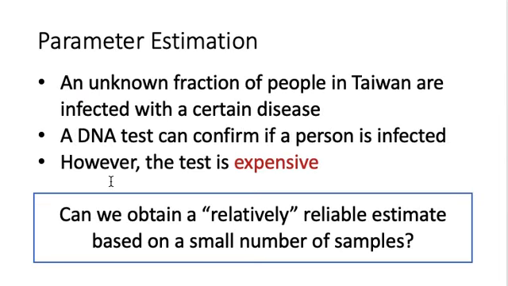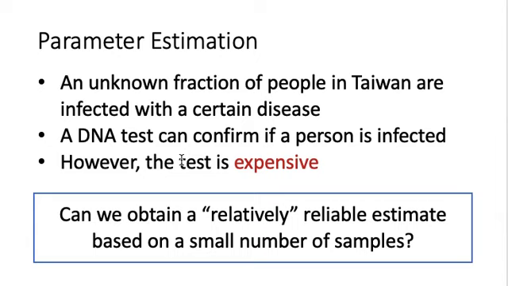Okay, so for parameter estimation, suppose that in Taiwan, an unknown fraction of people are now infected with a certain disease, for instance, the COVID. And the DNA test can confirm if a certain person is infected with the disease or not. However, the test is expensive.